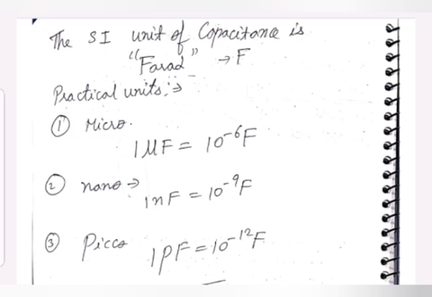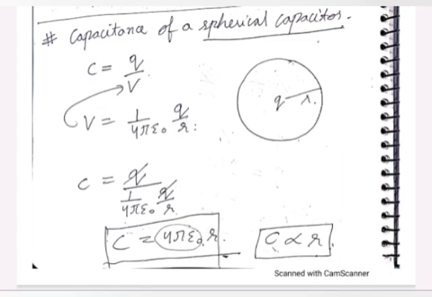Now let us start with our first type of capacitor, which is the spherical capacitor. A spherical capacitor is just a spherical metallic sphere in which we are going to store charges. First of all, the expression for capacitance is C = Q by V. We are going to put the value of V in this expression.